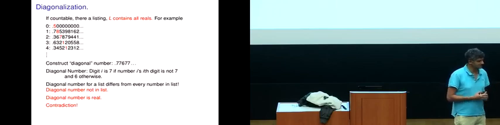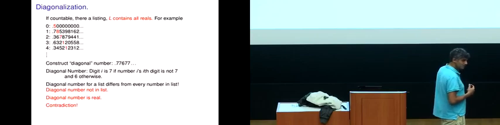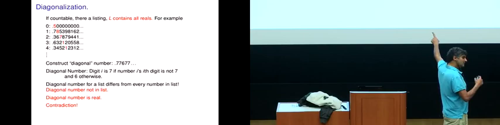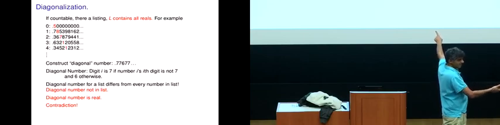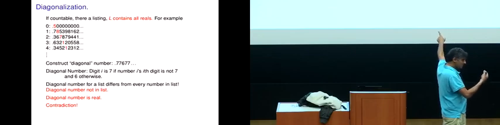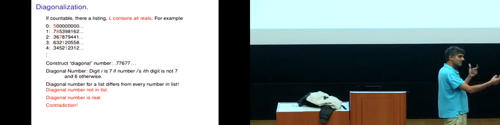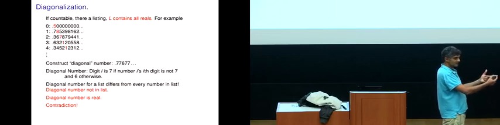Why is it not at position K? What does the construction say? My diagonal number looks at position K, and it says, I'm going to make myself different from the number at position K. Or let's even call it i, right? So it's not at position K because its kth digit differs from the number at position K.